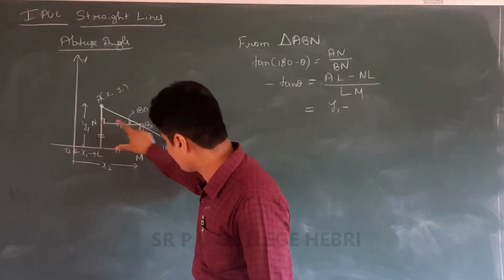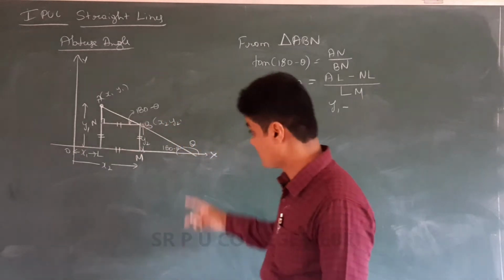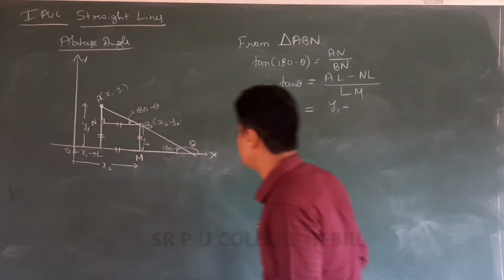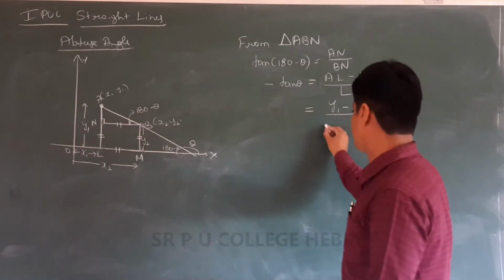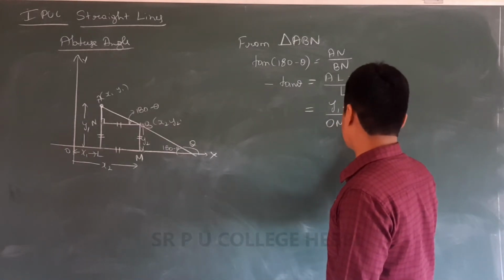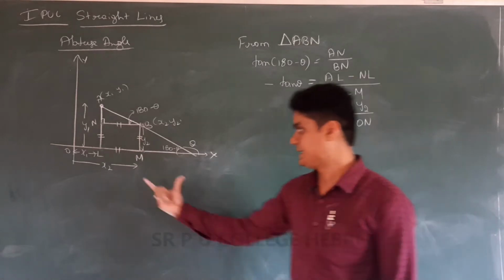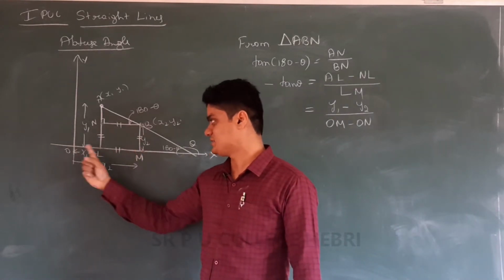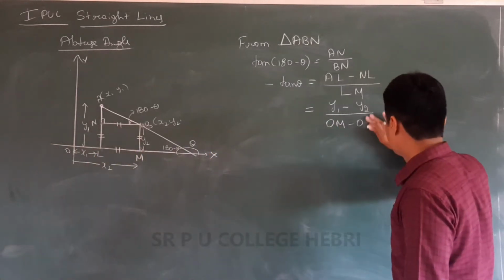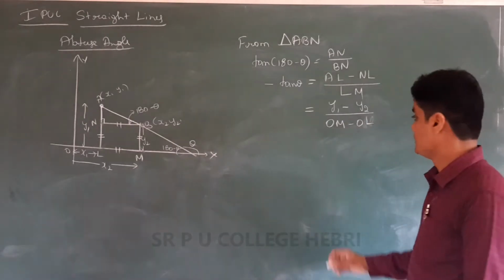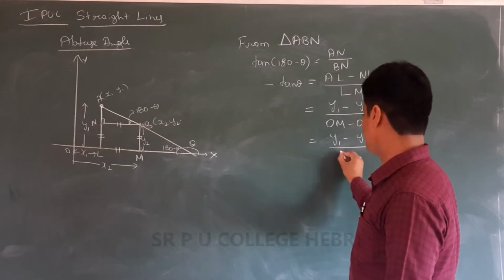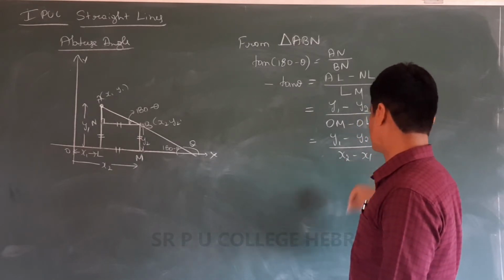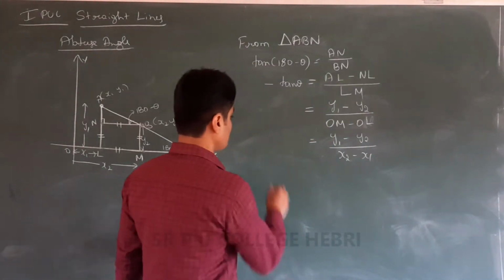NL is also equal to BM, which is y2. This LM can be written as OM minus OL. So now this is equal to y1 minus y2 divided by x2 minus x1, and this is equal to minus tan theta.